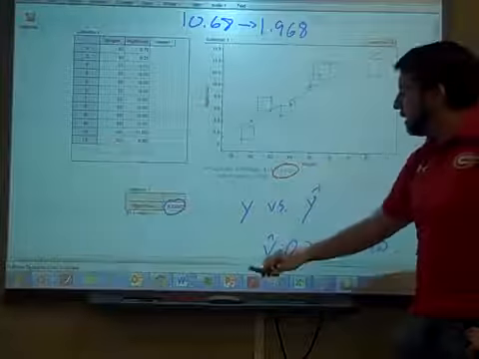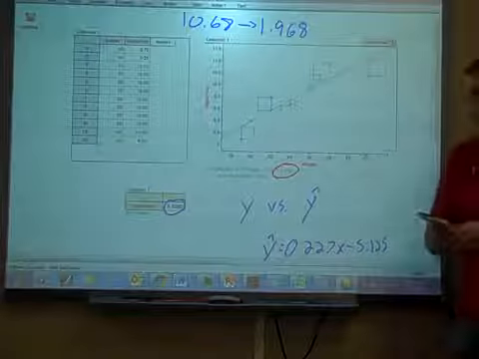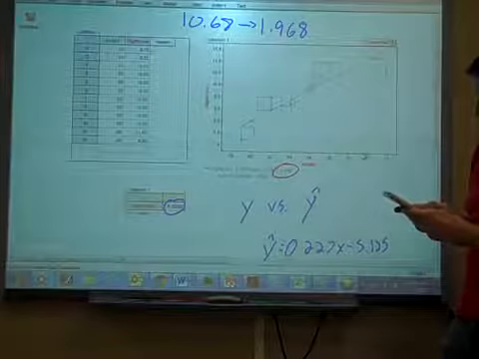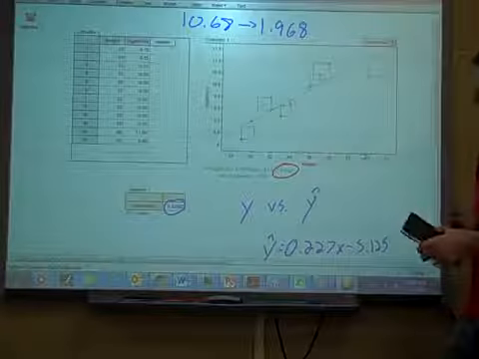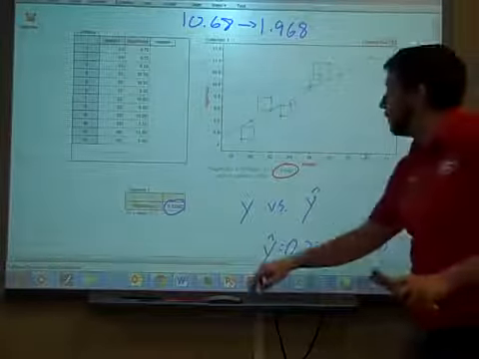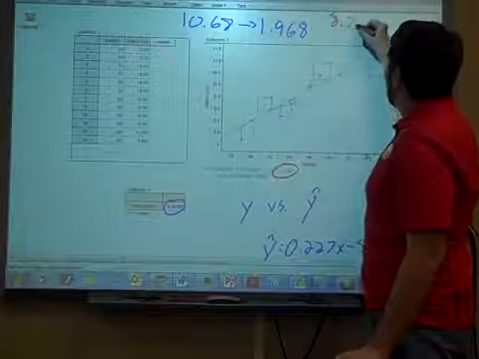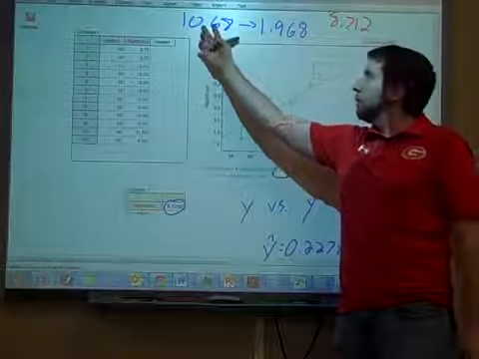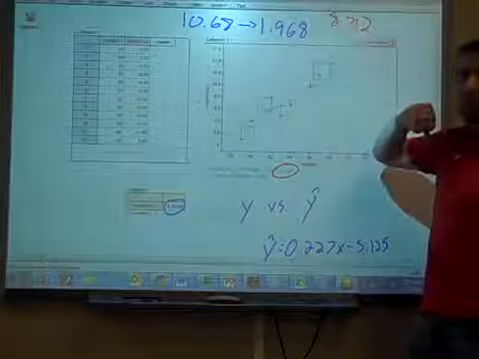That is a difference of, let's see, 10.68 minus 1.968, that's 8.712. I was able to get my sum of squares to go down from here to here. I was able to make a decrease by 8.712.